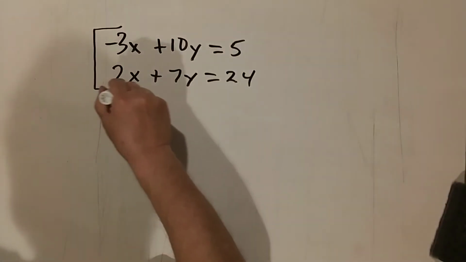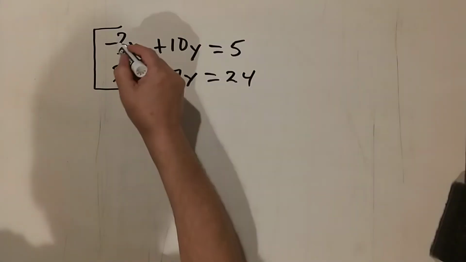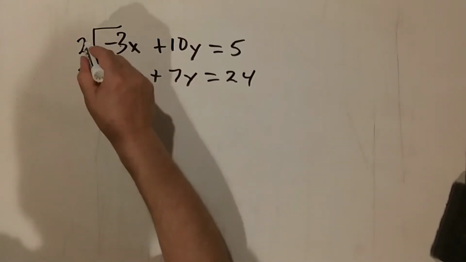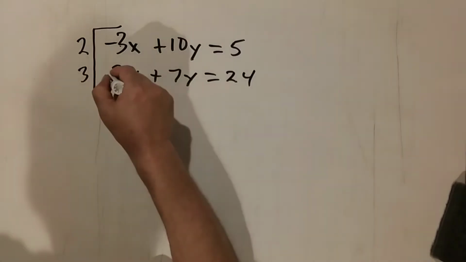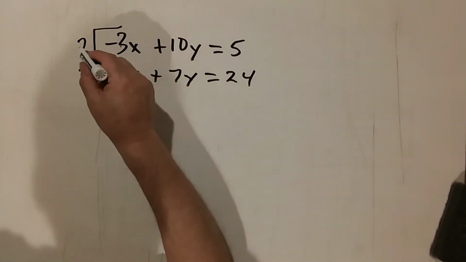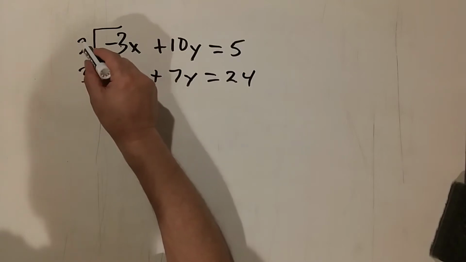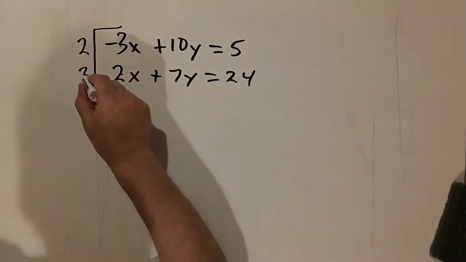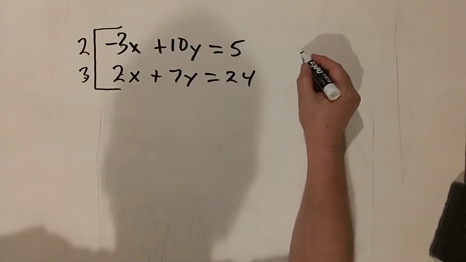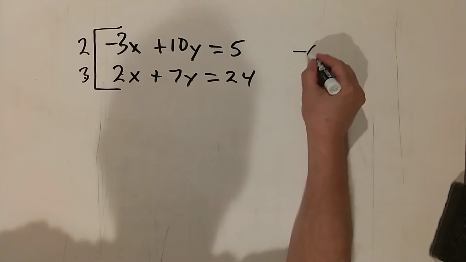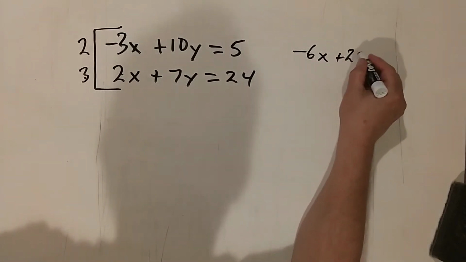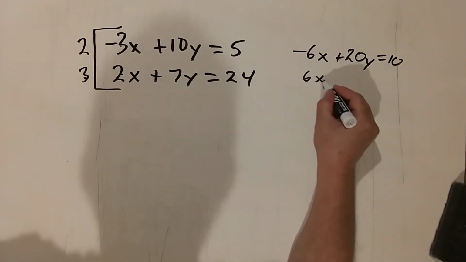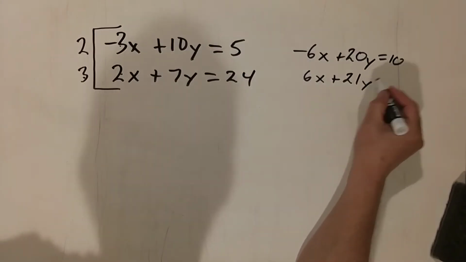So I do this by looking at the coefficients of x and switching them, 2 and 3. 2 times 3 is equal to 3 times 2, always. Then I make sure that one product is negative, 2 times negative 3 is negative 6, and one product is positive, 3 times 2 is positive 6. This will give us these two equations. Negative 6x plus 20y equals 10, and this will give me 6x plus 21y equals 72.